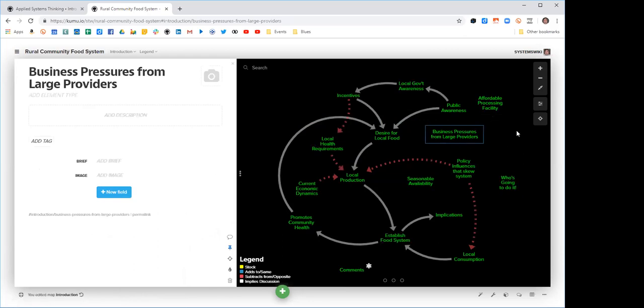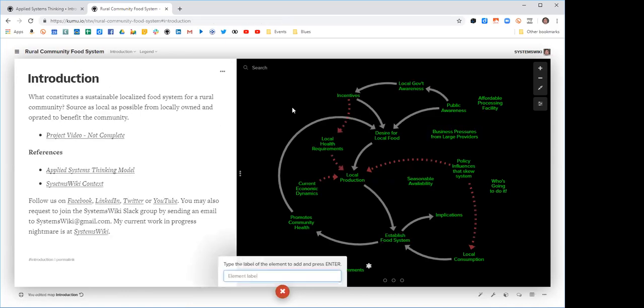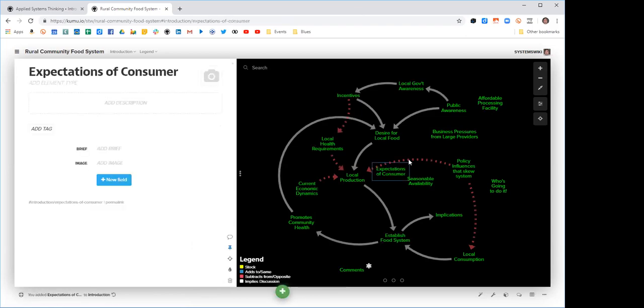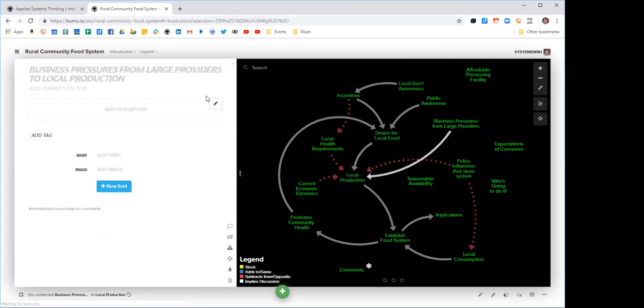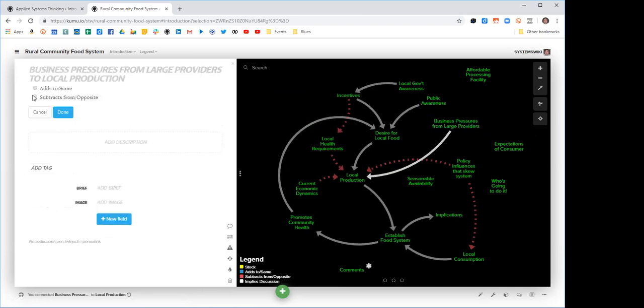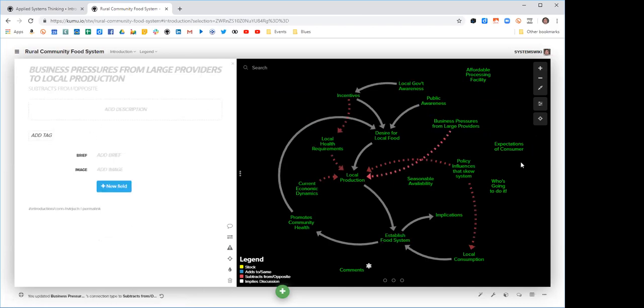One other aspect to this is, what are the expectations of the consumer? We've all been brainwashed, at least in this culture, that if it's not a perfect carrot or a perfect apple, it's no good. We don't want it. My kids just reject stuff if there's a blemish, and it makes me crazy because you can cut the blemish out. A lot of stores throw a lot of food out because there's a blemish or it's not perfectly shaped.